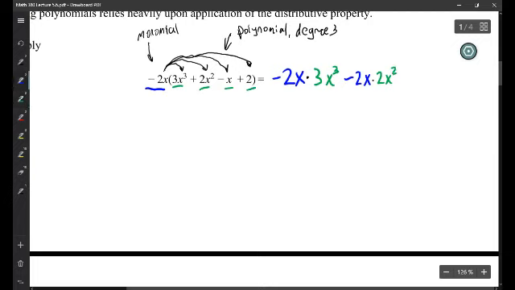And then negative 2x. See, when the monomial is negative, just carry that negative through. Negative 2x. Now this term is negative, so it's critical to use parentheses. Negative 2x multiplied to negative x.